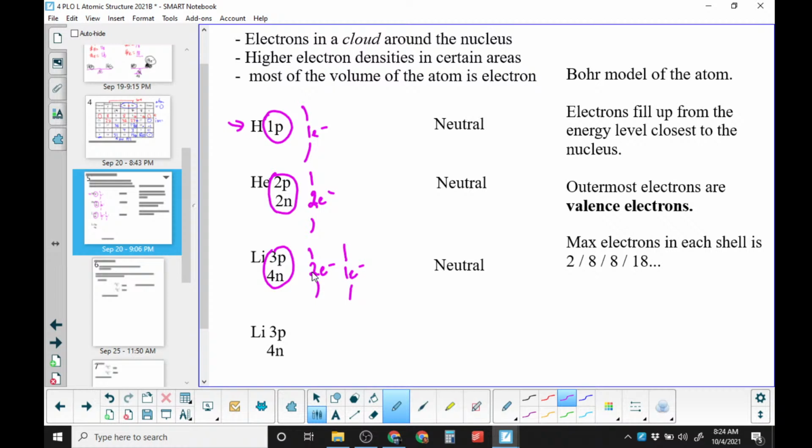And as you fill them, they fill up until they go out to the next level and so on. So they fill up from the energy level closest to the nucleus. We are treating them as things, which means it is a Bohr model. So we're not treating them as waves or particle points at this time, which works for most of the things. And the maximum number of electrons in each shell is 2, 8, 8, 18, which you can get from the structure of the atom.